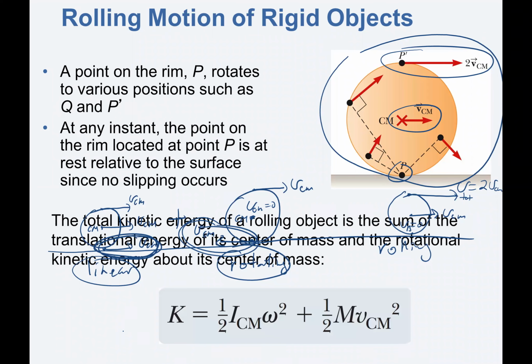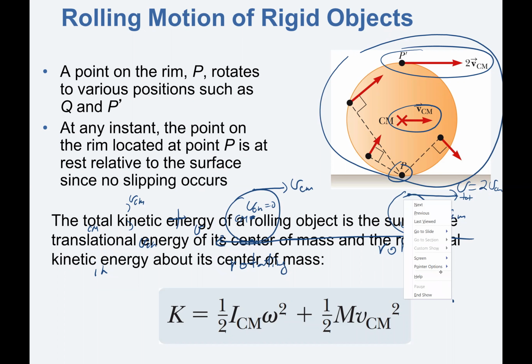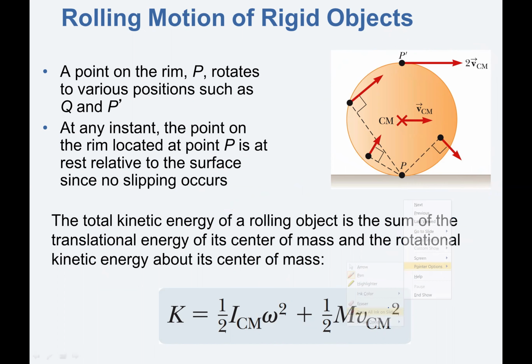So the total kinetic energy of a rolling object is the sum of the translational energy of its center of mass and the rotational kinetic energy about its center of mass.